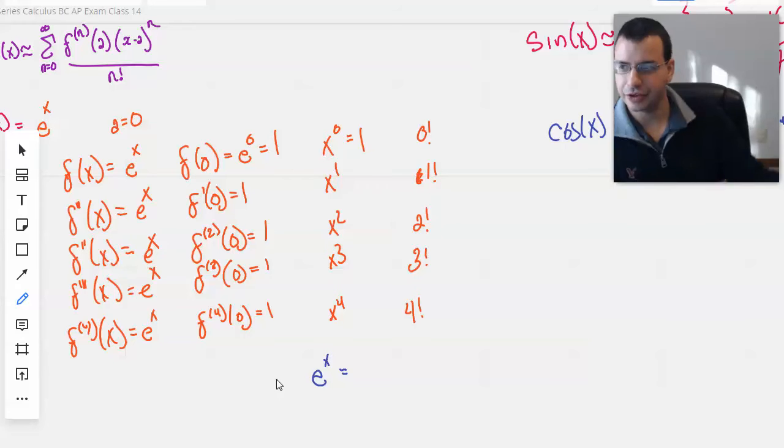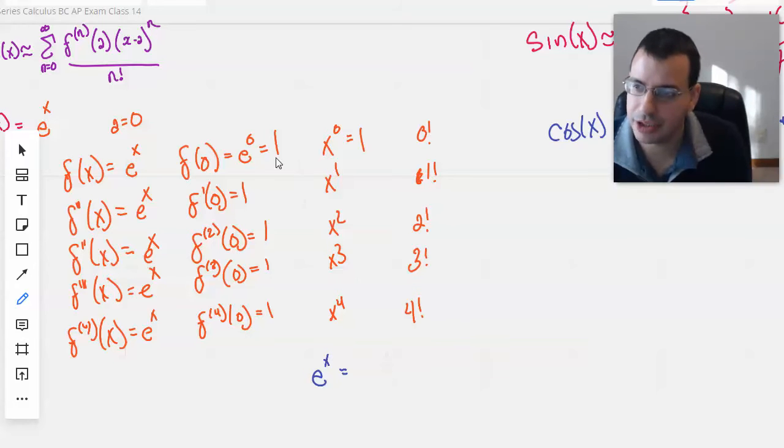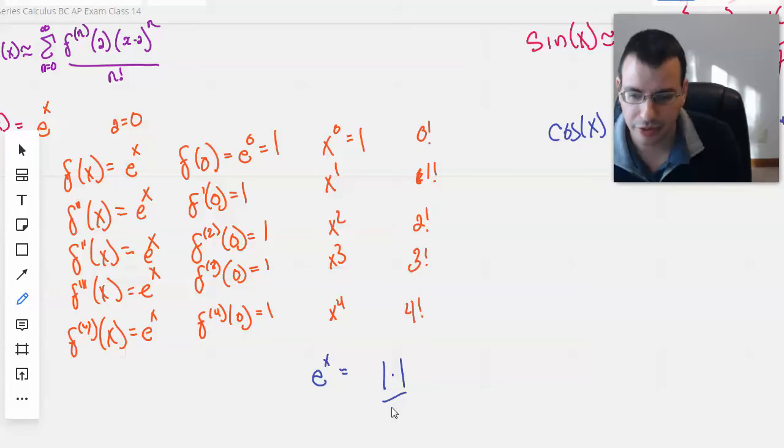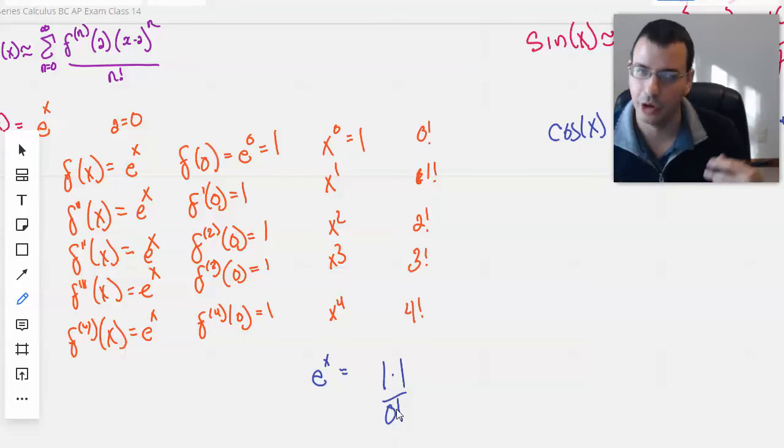If you pause too long, you kind of lose the momentum. So it's this times that divided by that. So this will be 1 times 1 divided by 0 factorial, which is also 1.